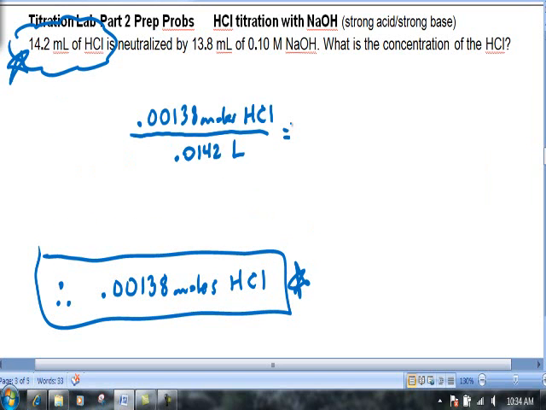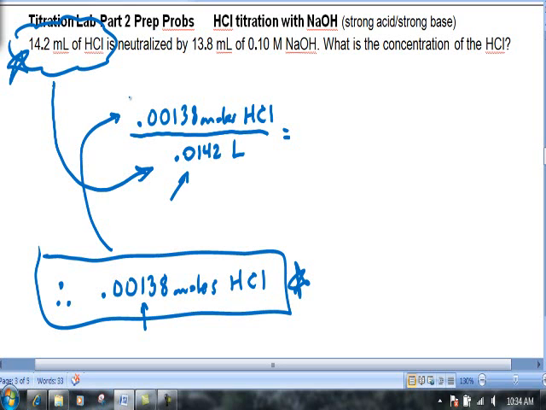The data we have allows us to set up a proportion. We have 14.2 milliliters of HCl, which we switch to 0.0142 liters, and we know that this volume of HCl contains 0.00138 moles of HCl. So that gives us our numerator.